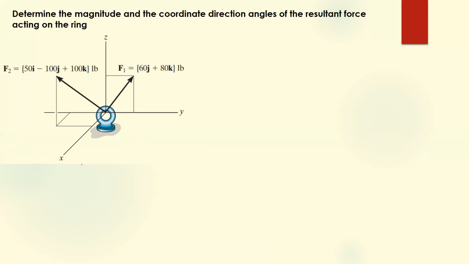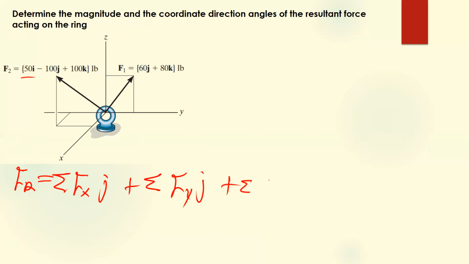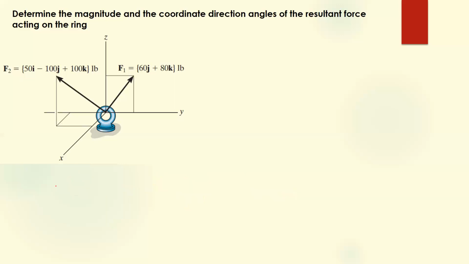Remember what I said, to find the resultant force of any vector in Cartesian, you just have to add its corresponding components. The summation of the forces in the X, you say I, plus the summation of the forces in the Y, this will be J, plus the summation of the forces in the Z, that will be K. So this is what we're going to do.